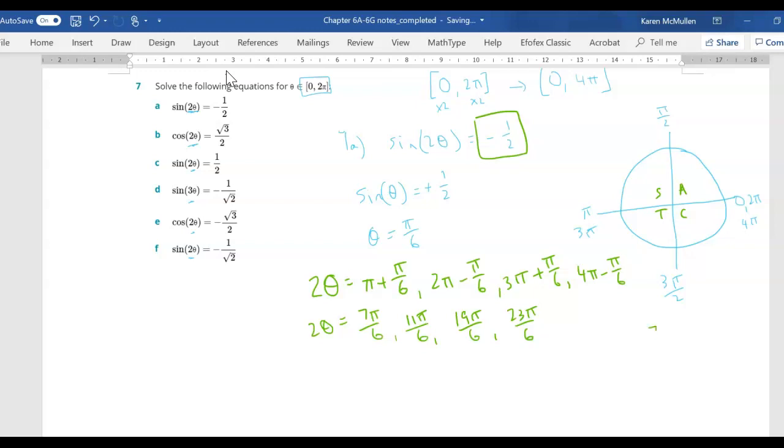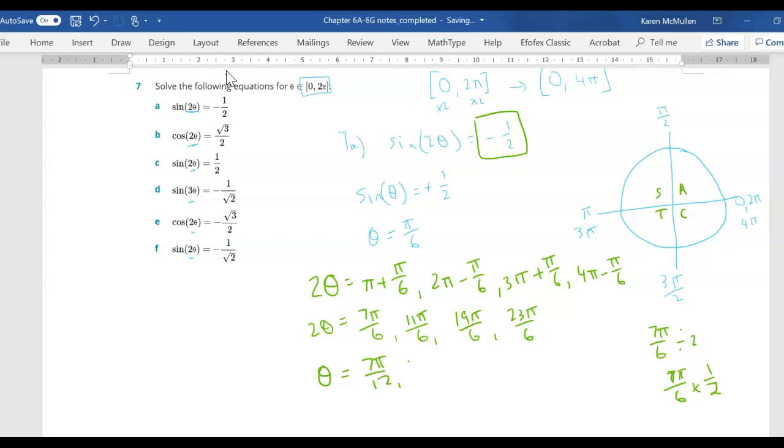So if I had 7 pi on 6, and we want theta on its own, we're dividing by 2, and that's the same as multiplying by 1/2. So effectively, all we're doing with our 6's on our denominators is making them 6 times 2, which is 12.